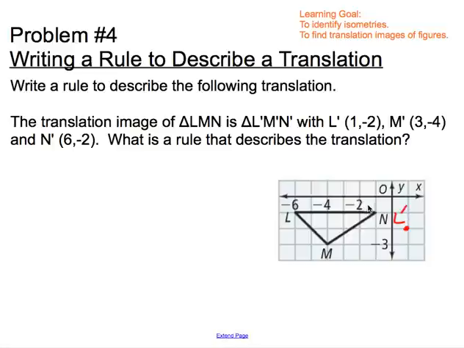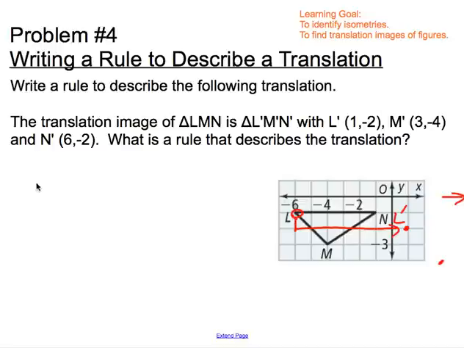And you can see from here that M prime 3, negative 4 is actually going to be off our grid. It's going to be over here somewhere. And then of course N prime is going to be way over here somewhere. But this is actually enough because we can see that from L to L prime, we're going to go down a little bit and then we're going to go right some.